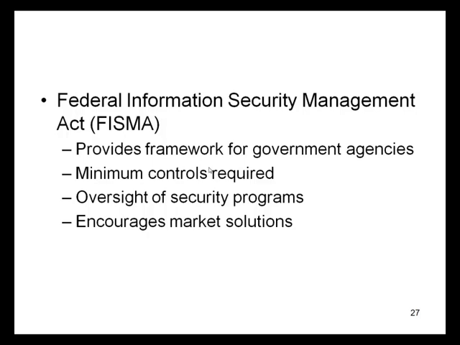It provides a structure for oversight of security programs. And from the private sector's perspective, what's best is that it says the private sector can usually provide a solution cheaper than the government can write their own software or build their own hardware. And so it requires market solutions wherever feasible. Obviously, in some areas like encryption, that may not be possible, but for most things, market solutions generally work well.